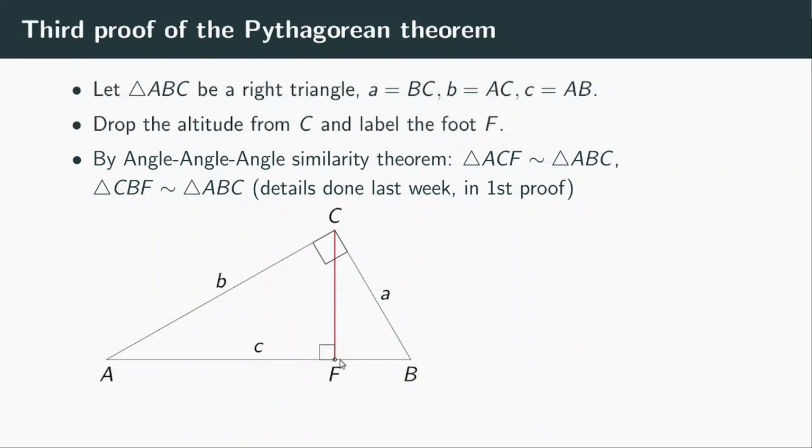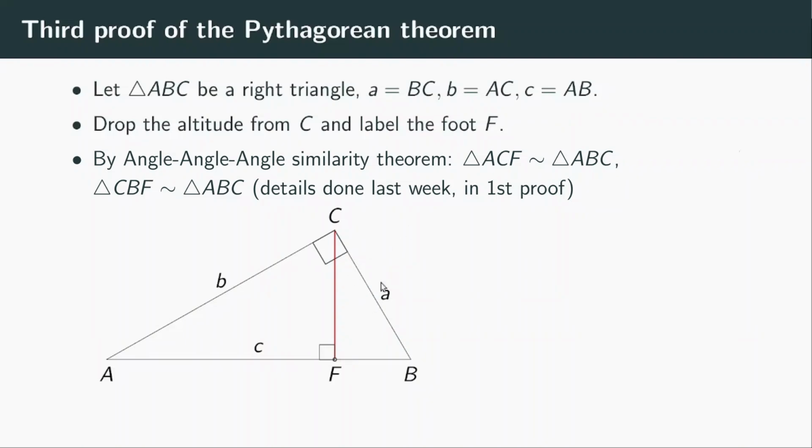And by the argument we saw last time, triangle ACF is similar to triangle ABC, and triangle CBF is also similar to the big triangle. So each of these two small triangles we have here are in turn similar to the big triangle.